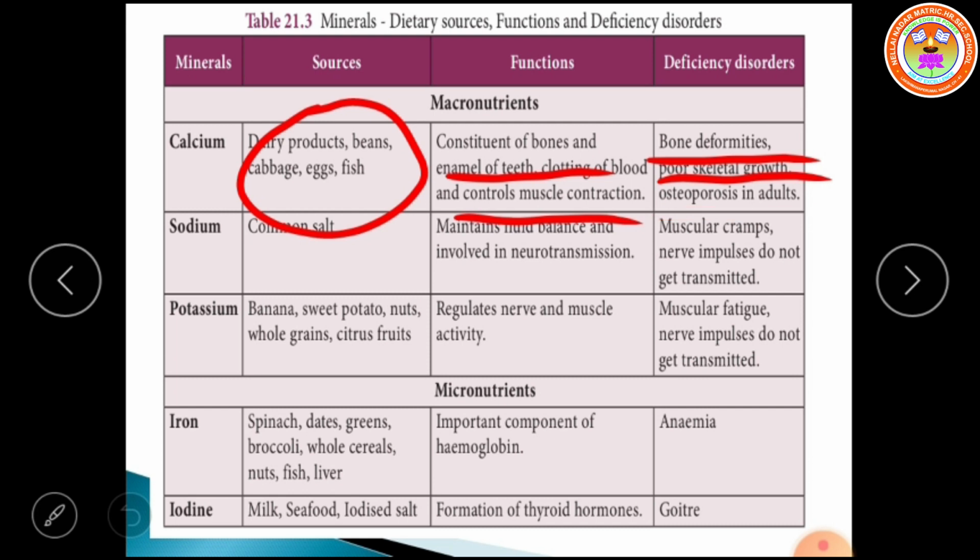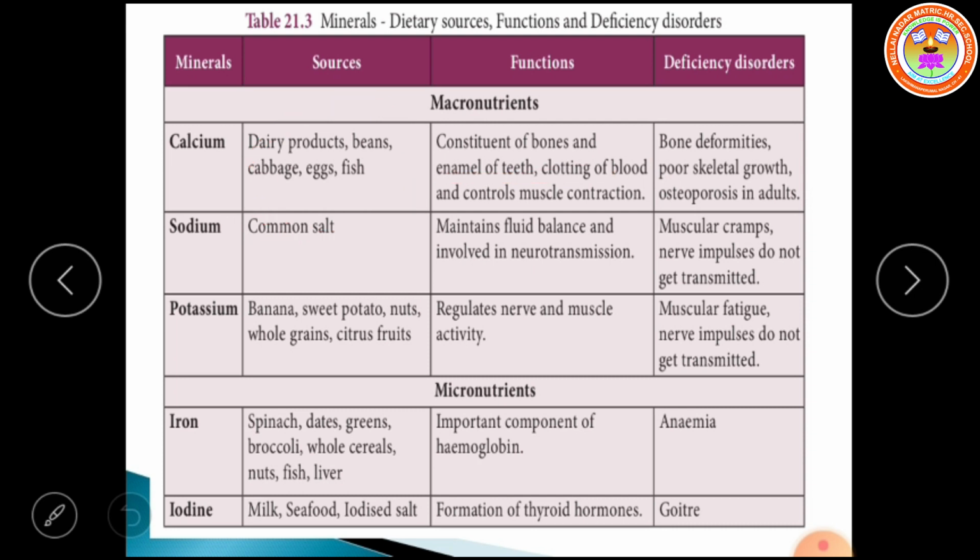The next one, sodium. Sodium is normally found as common salt. It maintains fluid balance and is involved in neuronal transmission, that is, nerve impulse transmission.